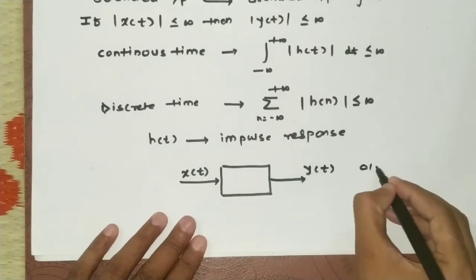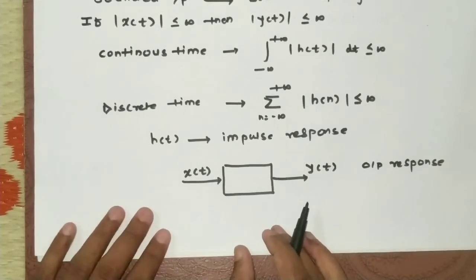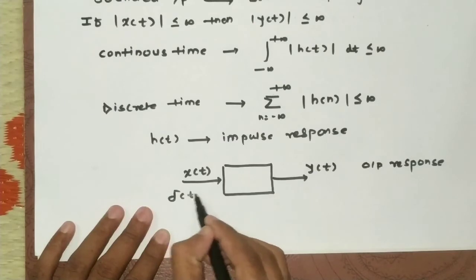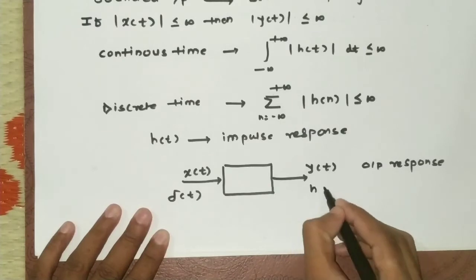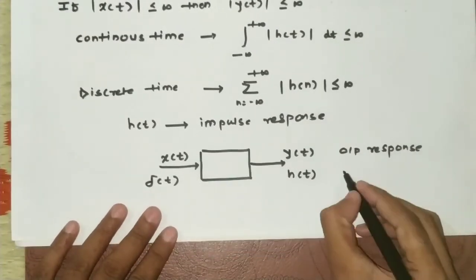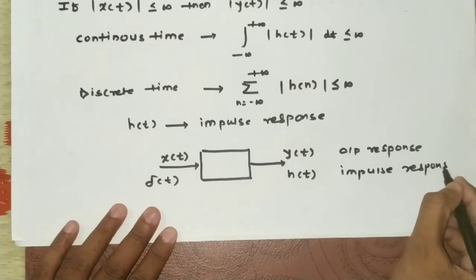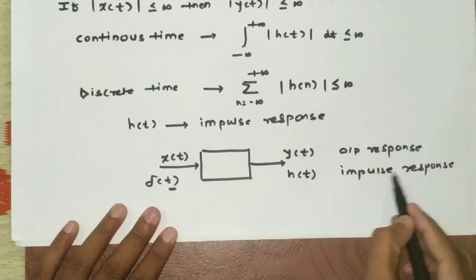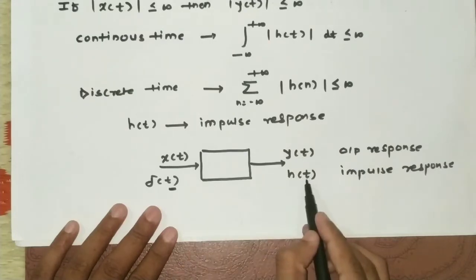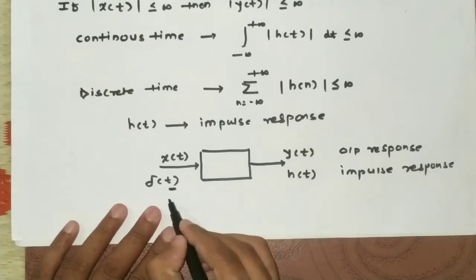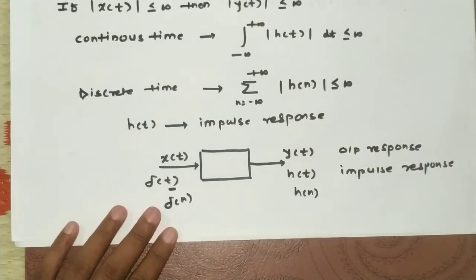Now if I replace x of t with the impulse function, then whatever output we are getting, that output is known as the impulse response. This impulse response is due to the impulse function, hence it is known as impulse response. So by replacing x of t by delta of t, we can get the impulse response h of t. Similarly, if I assume the input signal as delta of n, it becomes h of n, that is the impulse response of a discrete time system.